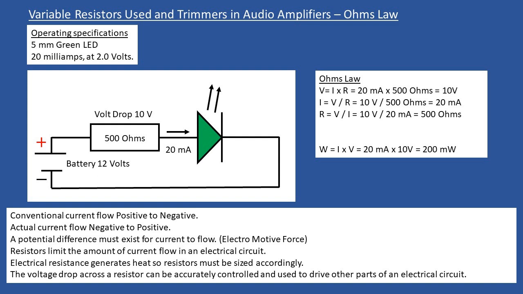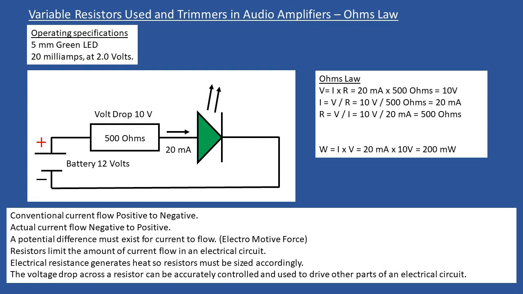Now we know that its operating voltage could be 1.8 up to 2.2 volts, and what I've aimed for here is a center point. I'm going to drive it at 2 volts, and I know that the LED typically draws 20 milliamps.